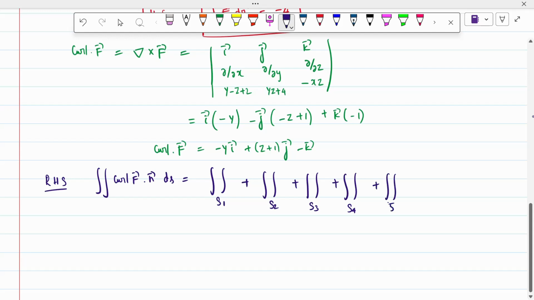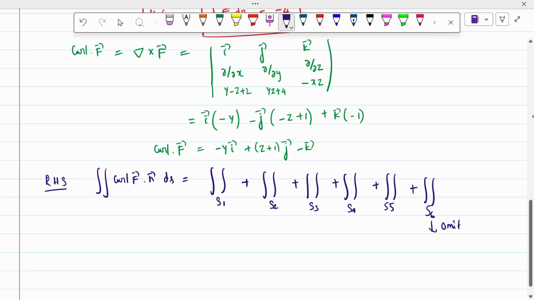Surface 6 also will come, but in this we are omitting it.